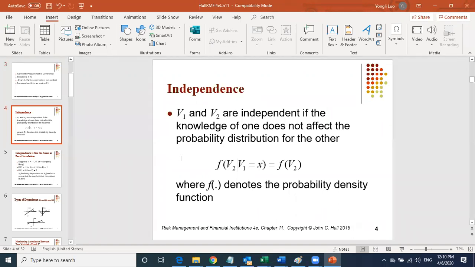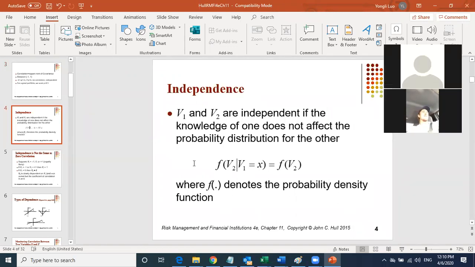Basically, the probability distribution function of variable 2, conditional on variable 1, is still the same as the probability distribution.